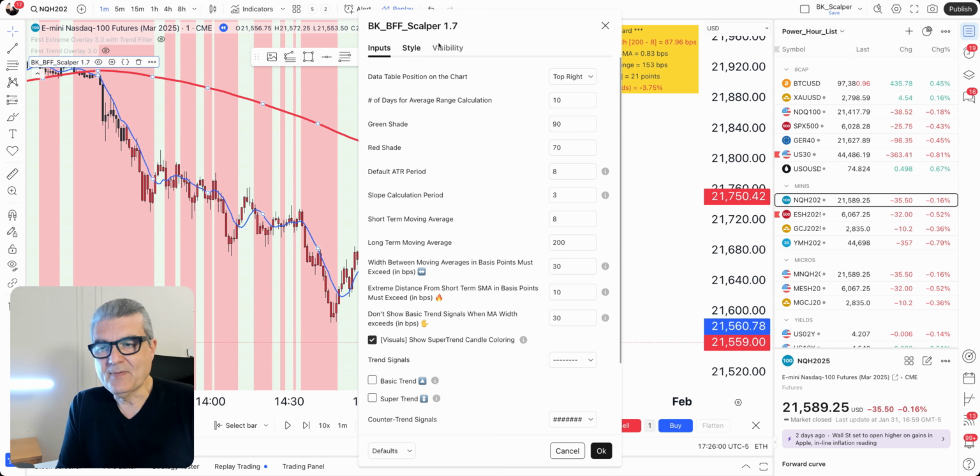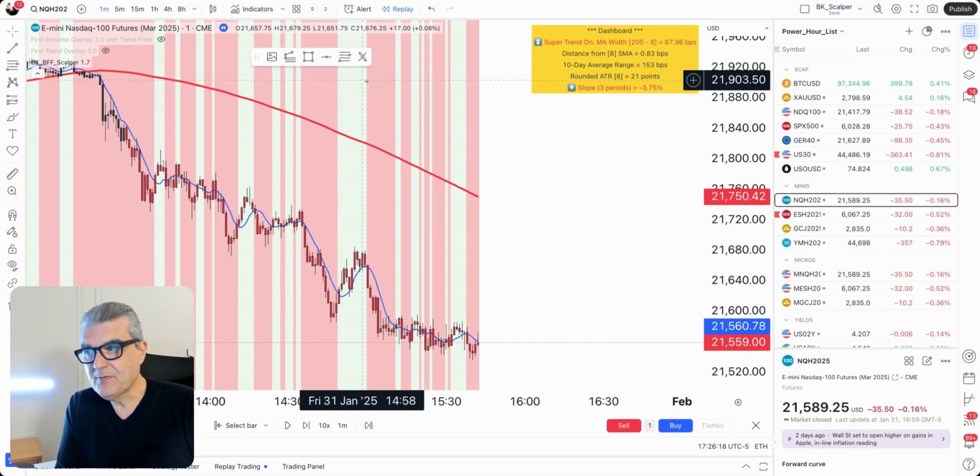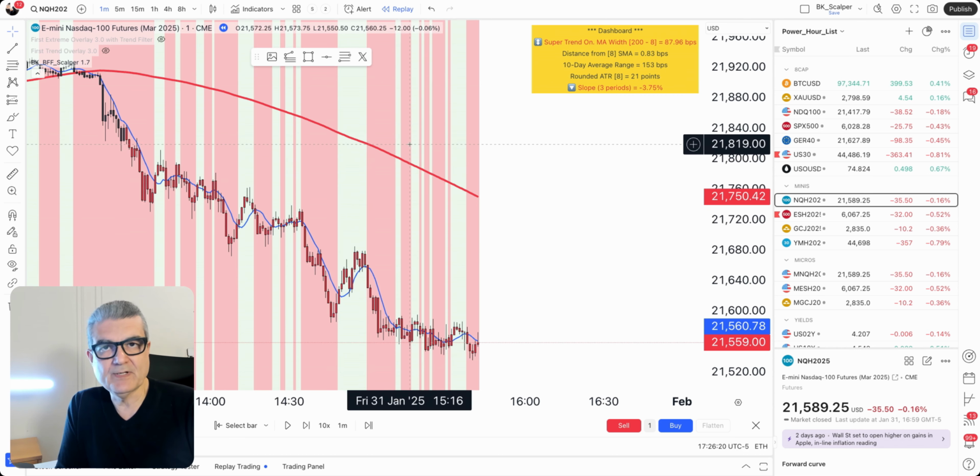So let's talk about the basic things that I put into the dashboard that help you analyze the structure of the price. And then we'll talk about the price signals themselves and how we can incorporate the dashboard and the price signals themselves. The basic idea of Scalper is 8-period SMA is the short term, 200-period SMA is the long term.